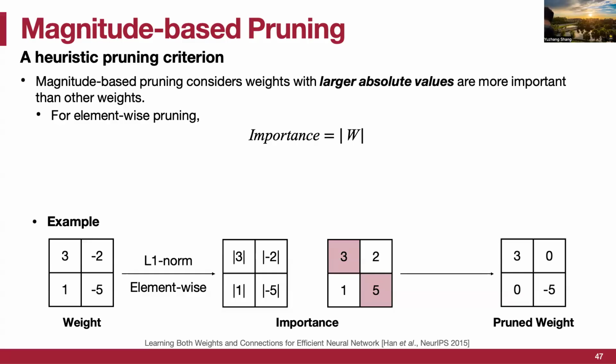For this matrix, if we would like to get a 50% sparsity, we can prune out the smallest two weights, and then we get the pruned weights like this.